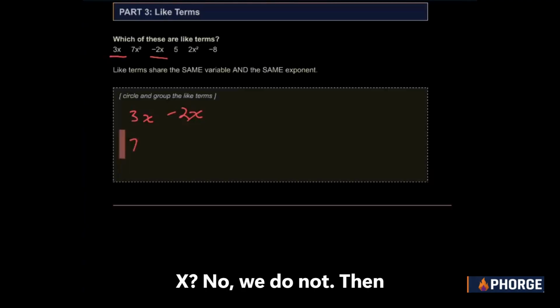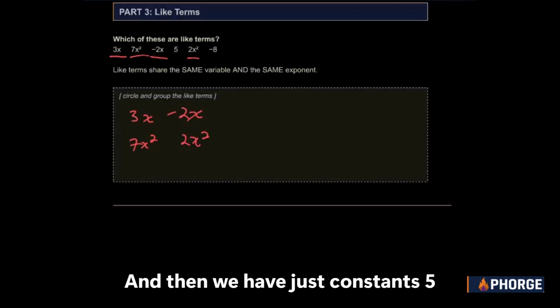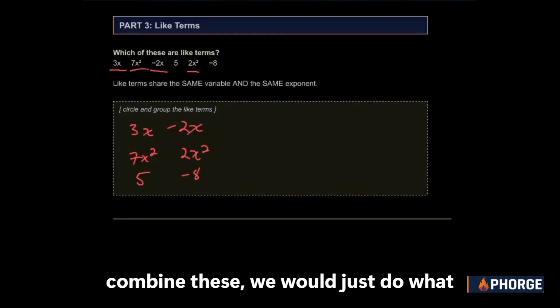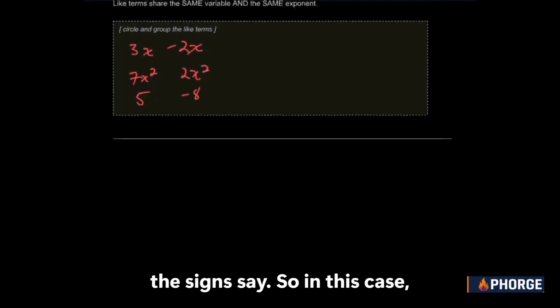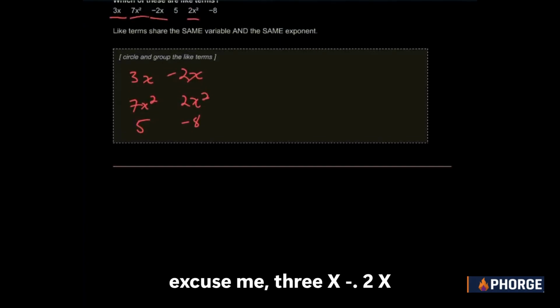Then we have 7x squared and 2x squared. And then we have just constants, 5 and negative 8. So if we were to combine these, we would just do what the signs say. So in this case, the first one, 3x minus 2x is equal to just x.